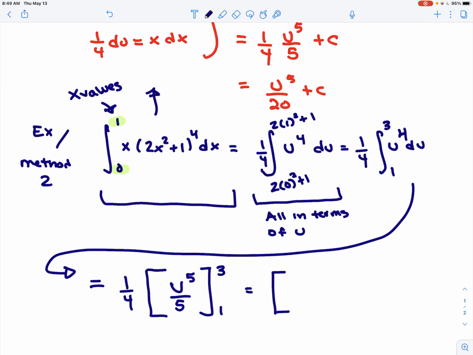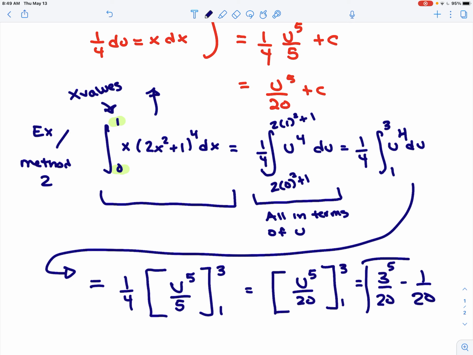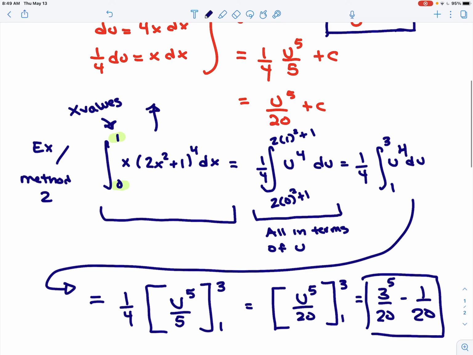I'm just going to suck the 1/4 back inside, so over 20, 1 to 3, and then I get 3 to the 5th over 20 minus 1 to the 5th over 20, and I end up with the same answer.